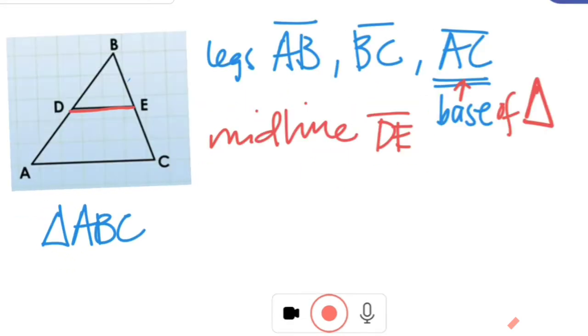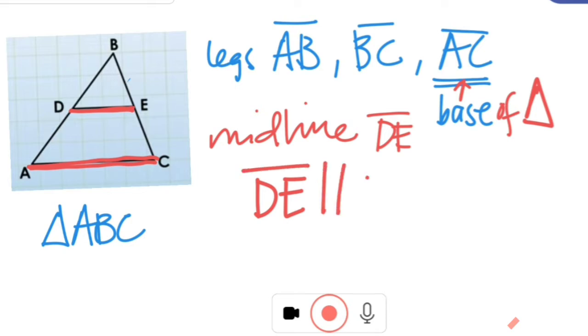So we have midline DE, which is parallel. When we say parallel, the two lines are not going to meet even if we extend it on both sides of the line. So we have DE is parallel with segment AC.